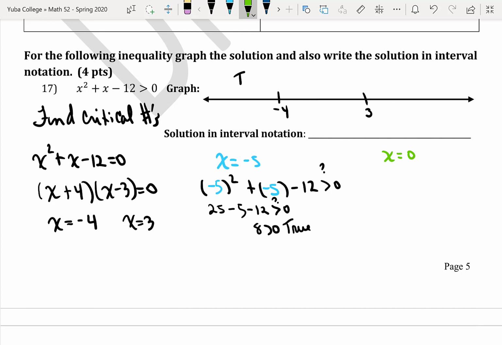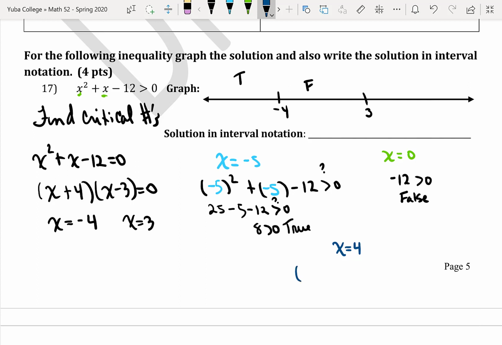One more number we need to try, so maybe x equals something to the right of 3. So how about x equals 4? So if we go back in, and wherever we see an x, we replace it with 4. So is 4 squared plus 4 minus 12 bigger than 0?